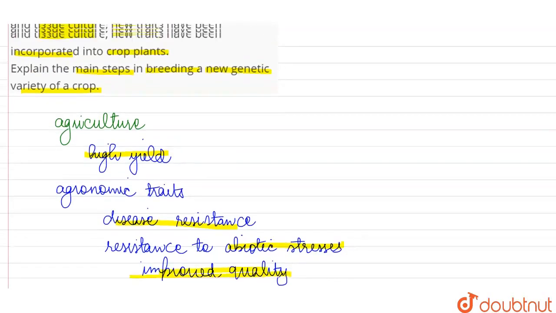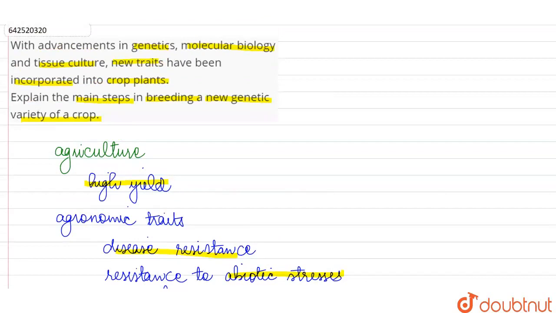So there are a few steps to any plant breeding program where we are trying to incorporate such new traits or desirable traits into the crop plants, in which invariably the first step is going to be the collection of variability.